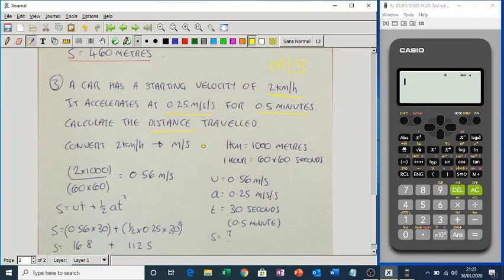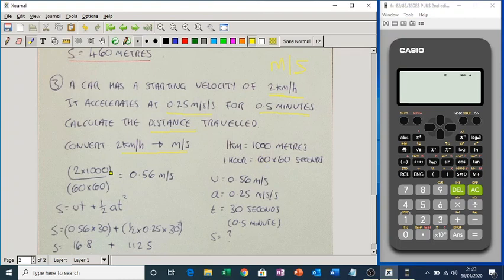So if I was you, first thing we need to do is convert that 2 into meters per second. Easy way of doing it. 1 kilometer is 1,000 meters, and 1 hour has 60 times 60 seconds, because there's 60 seconds in a minute and 60 minutes in an hour on Earth anyway.